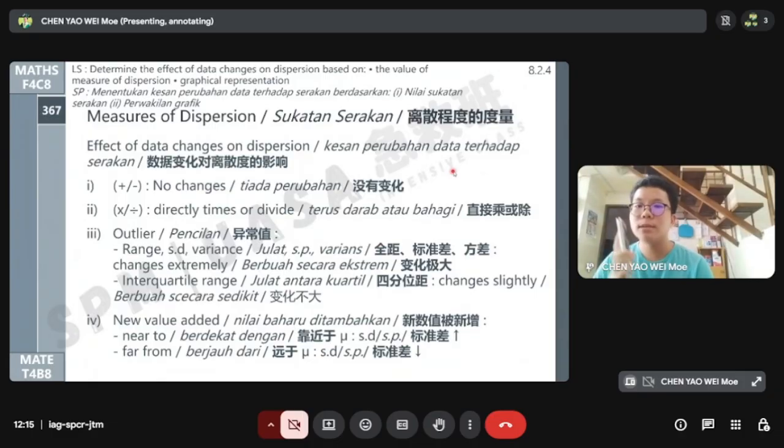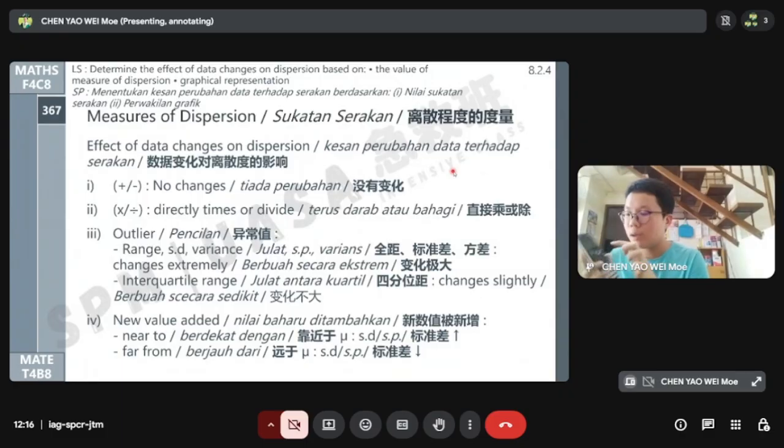It will remain the same. But if all the data is times with 2 or divided by something, the range, variance, SD, anything will also be times or divided. But if the value here, for example 4, 5, 6, 7, 8, 9, I remove 9 and put 55, that is called an outlier, pencilan.